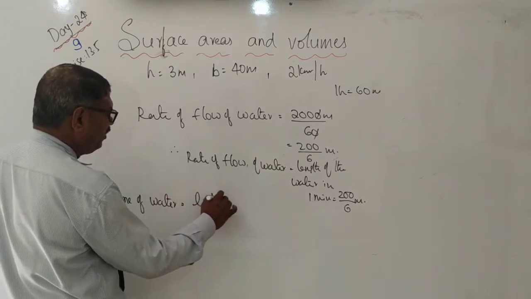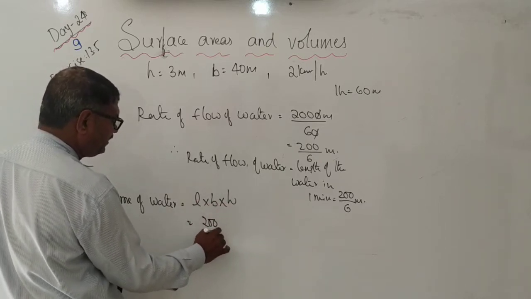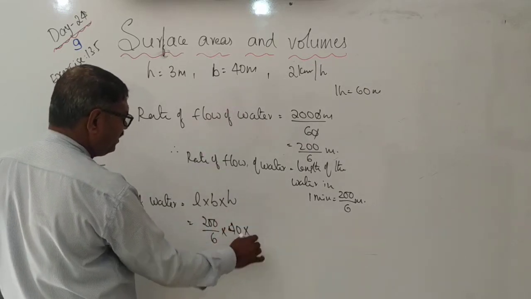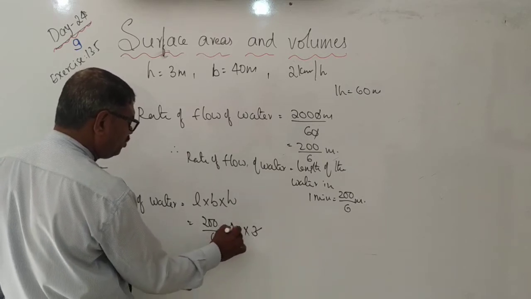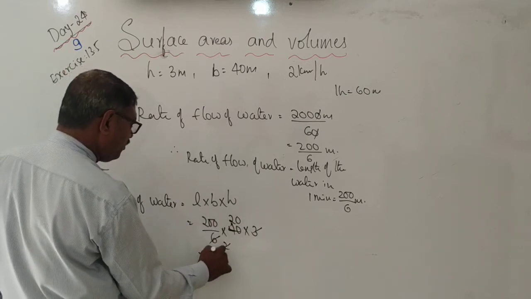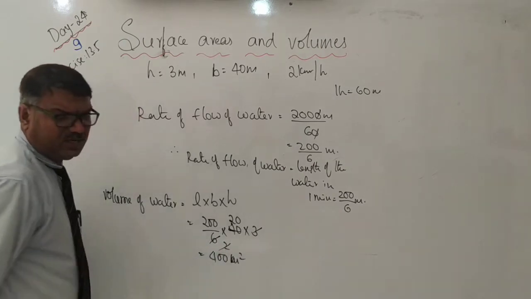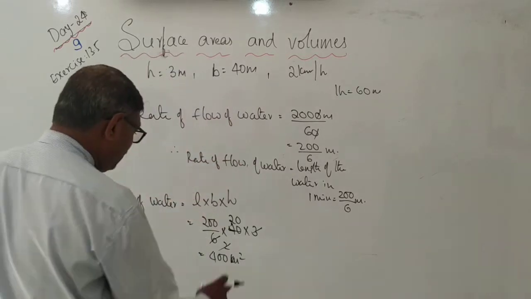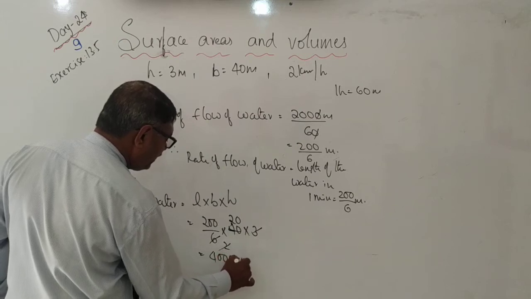Therefore, L into B into H. L is 200 by 6, into breadth 40, into height 3. Simplifying, we get 4000 meter cube.